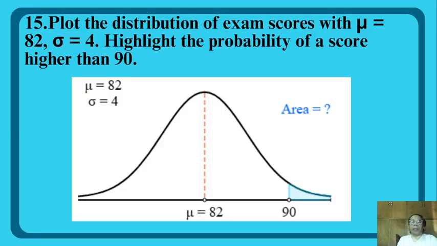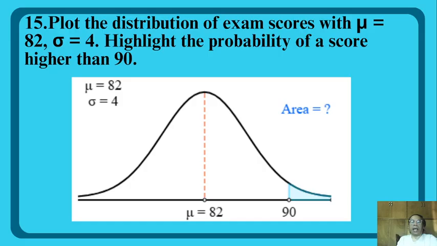Practice problem number 15. Plot the distribution of exam scores with mean equal to 82 and sigma equal to 4. Highlight the probability of a score higher than 90. So, this is a normal distribution. Our mean here is 82.